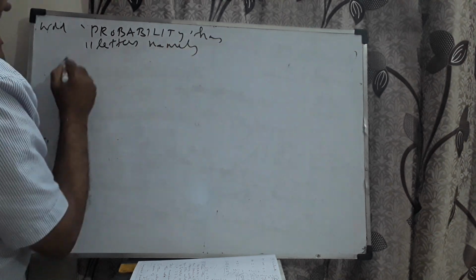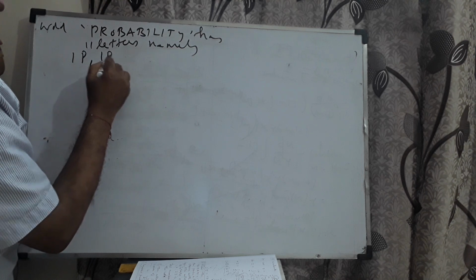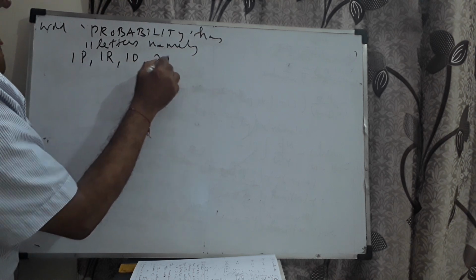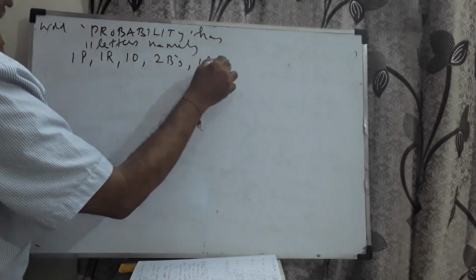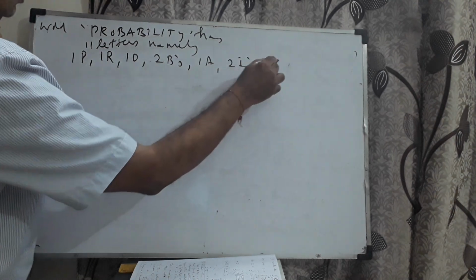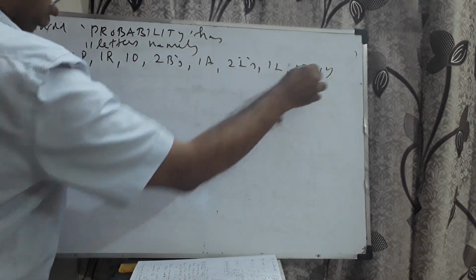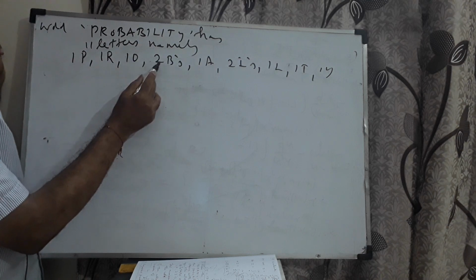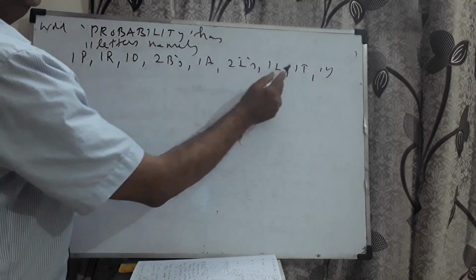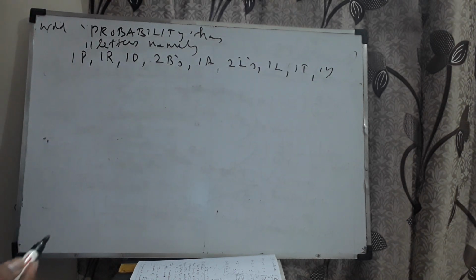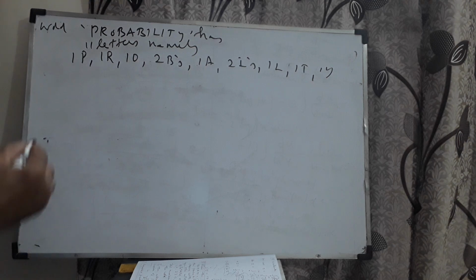Namely, what are they? 1 P, 1 R, 1 O, 2 B's, 1 A, 2 I's, 1 L, 1 T, 1 Y. It's correct.